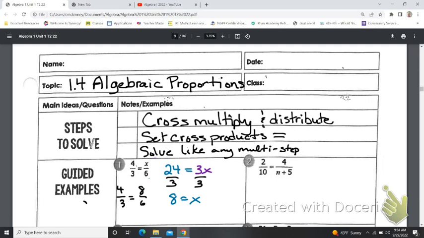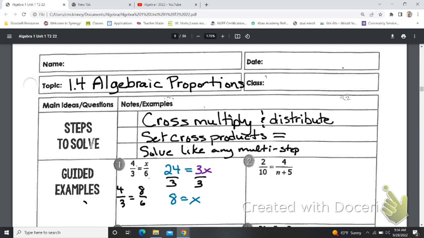In this case, we would get 1.3 repeating, and we would get 1.3 repeating on the right also. So that one's very straightforward, like solving just a regular proportion, and you could probably solve it without actually going through the steps.